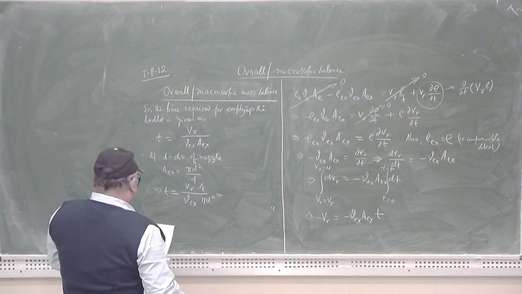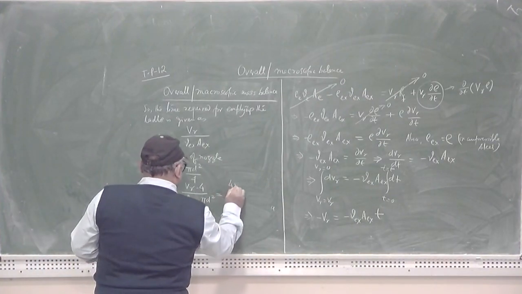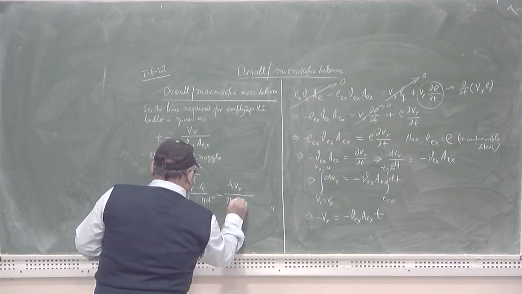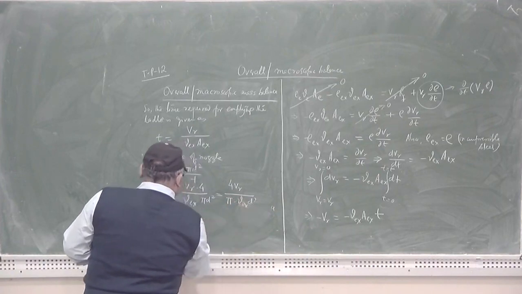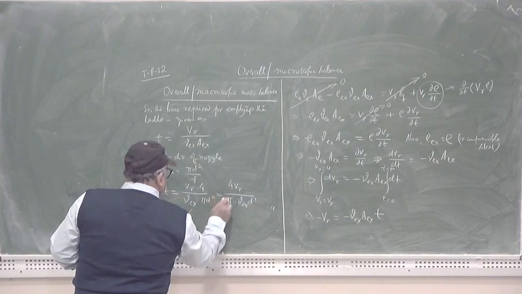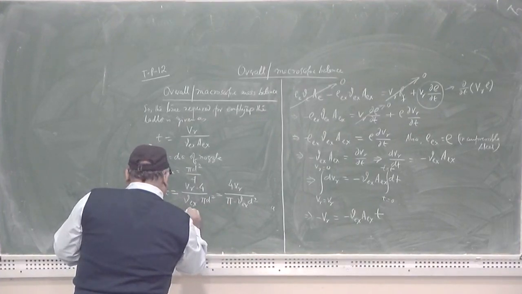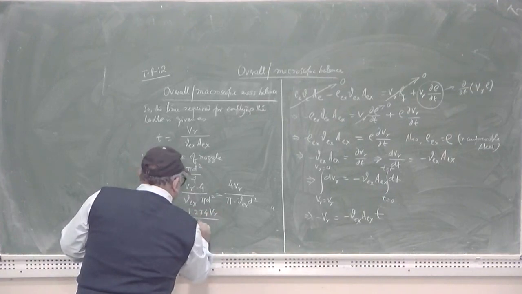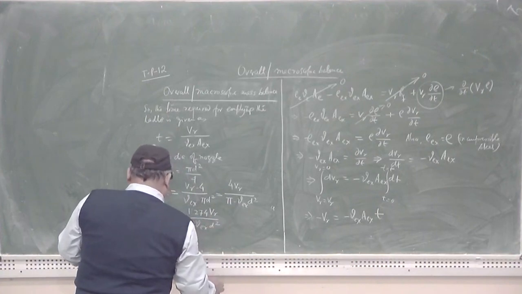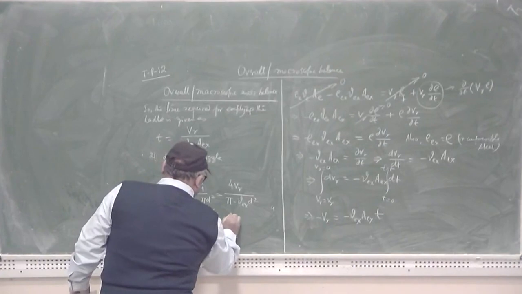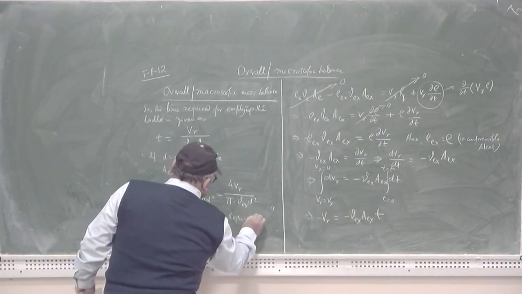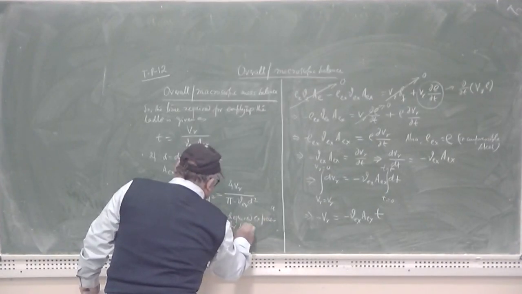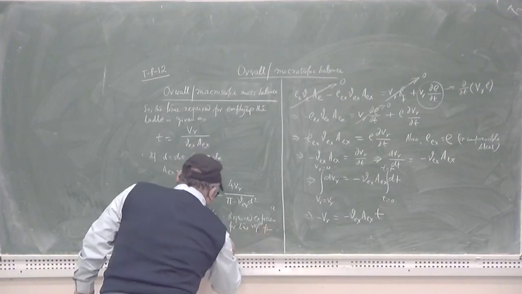So the expression comes as 4 V_R divided by pi into V_ex d square, and 4 divided by 3.14 will come as 1.274 V_R divided by V_ex into d square. This is the required expression for the time required for emptying the ladle.